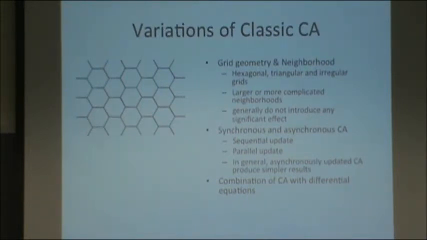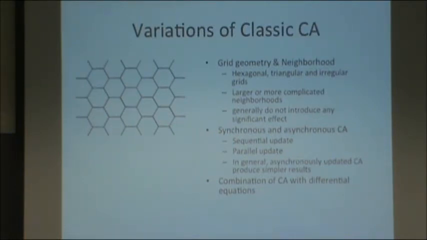It's probably more practical, if you talk about cells in living organisms, to think about irregular grids. And more complicated neighborhoods, instead of just 4 or 8 cells surrounding the cell, maybe something extended, something bigger than that.